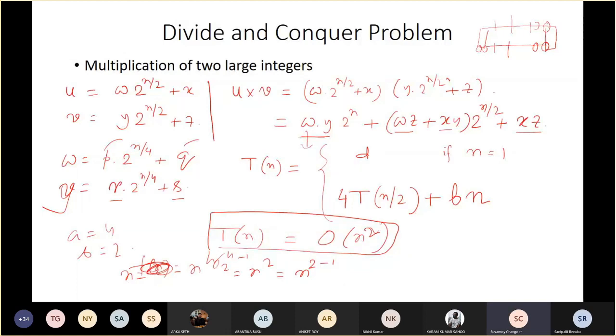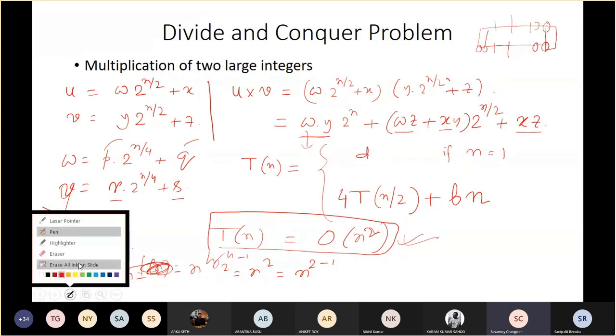Instead of multiplying sequentially one by one, we applied the divide and conquer or recursive method and solved the problem, but still the time complexity is order of n square. Now let us check whether it is possible to decrease this value.